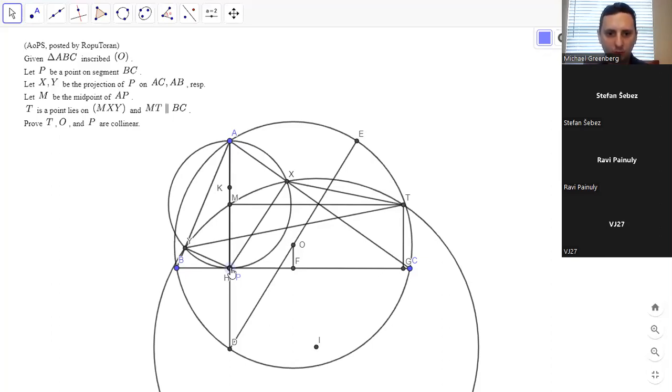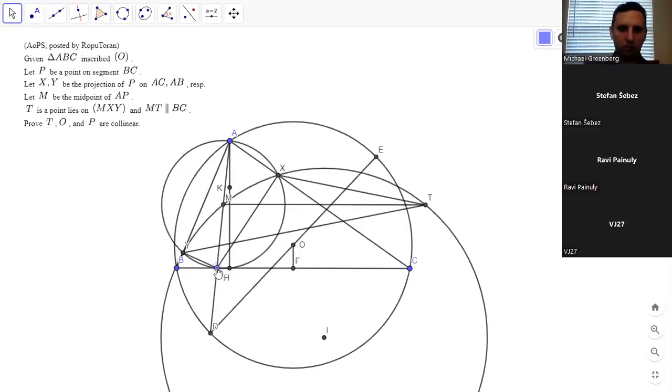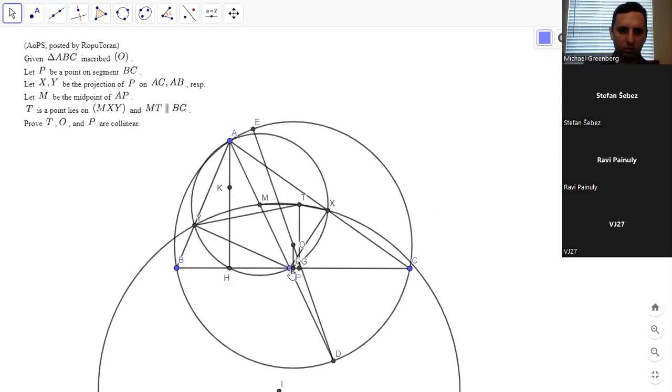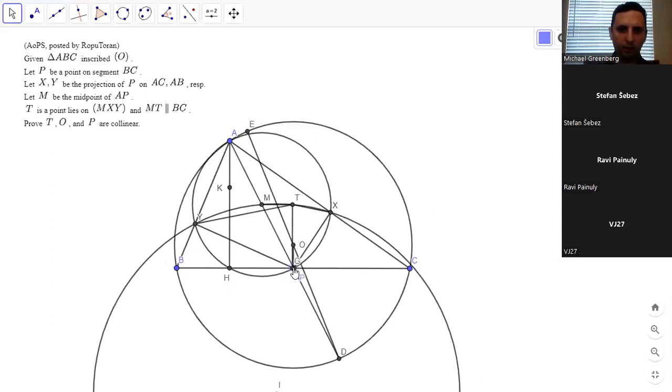Okay. So if P is equal to the midpoint, I don't know if that's obvious.